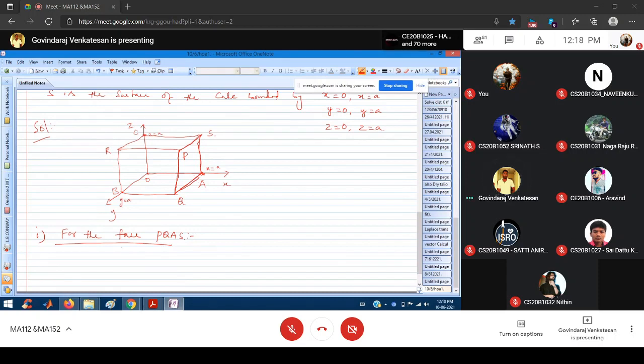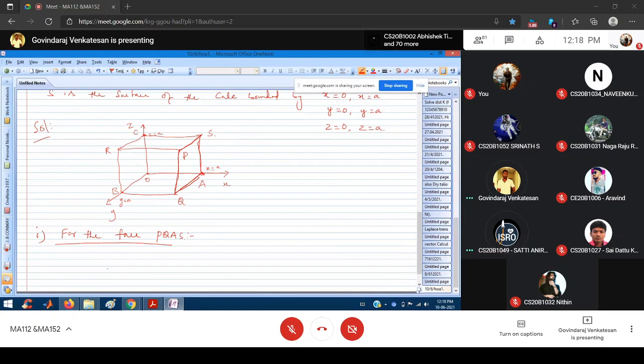So what is the normal vector acting on the PQAS surface?